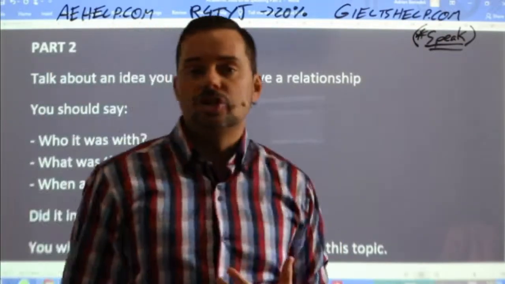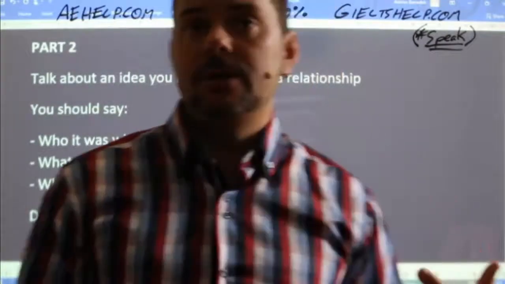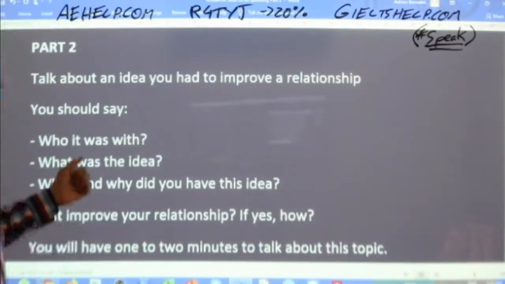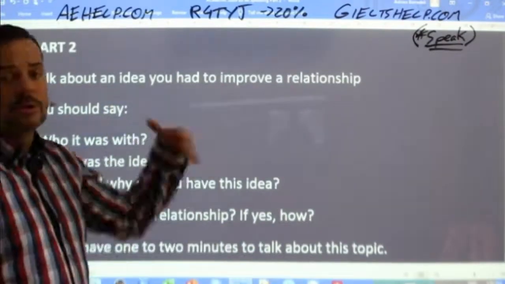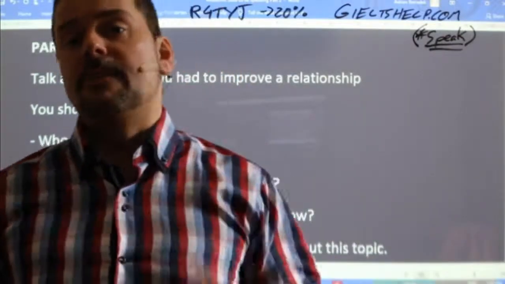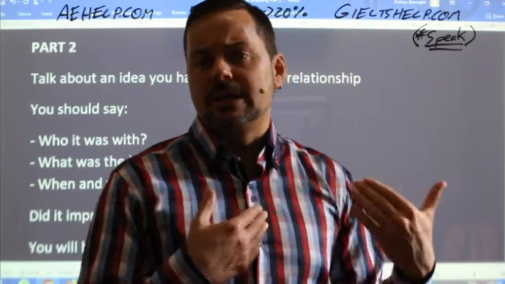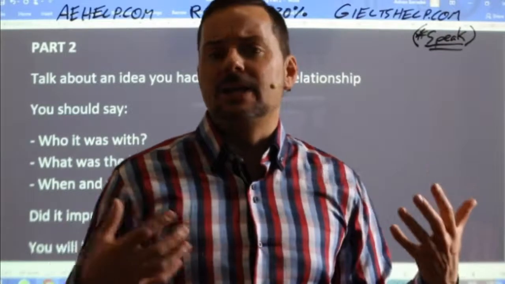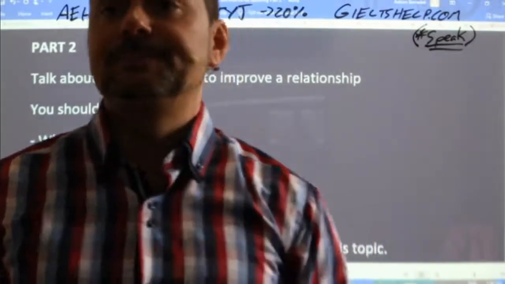So a relationship that I had with someone or that I have with someone? Or is this card asking me about improving another person's relationship? Maybe my best friend and his girlfriend, or my mom and my dad. So is it a relationship that's related directly to me? Or is it any relationship possibly with other people? What do you think?